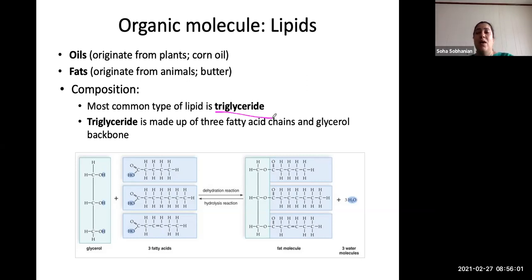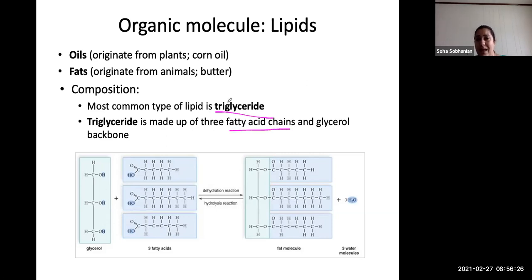So the question is, what is this triglyceride made up of? Triglyceride is the fat that we find in our body. We're not talking about plants or other animals. The way that our body processes fat is going to be triglyceride, which is 3 fatty acid chains, these 3 horizontal boxes you see, called fatty acid chains.